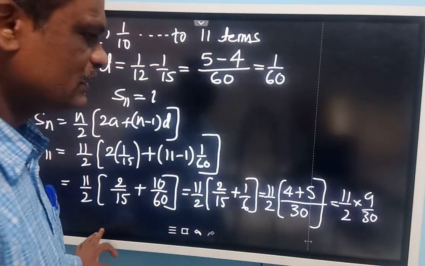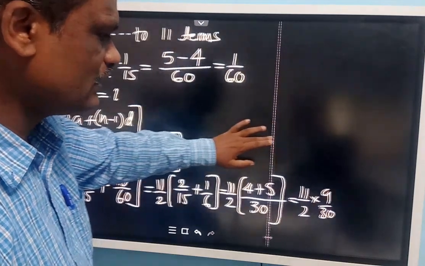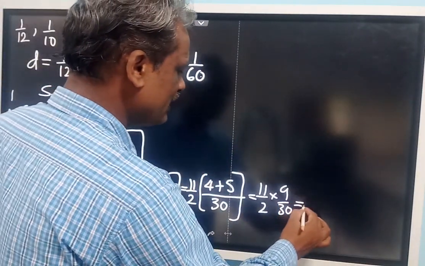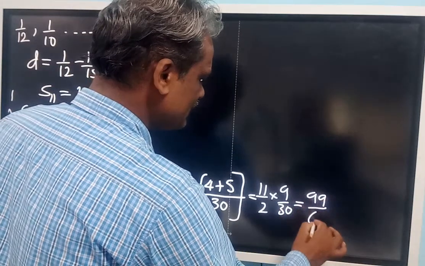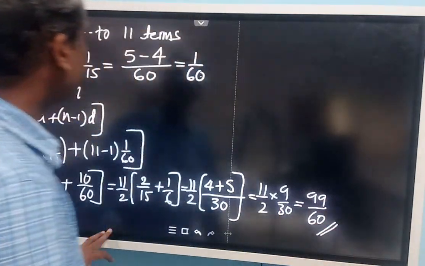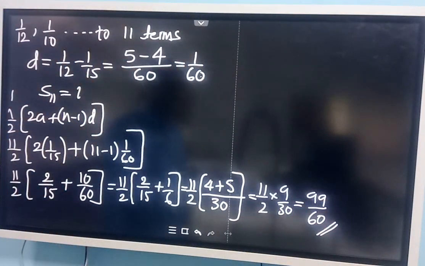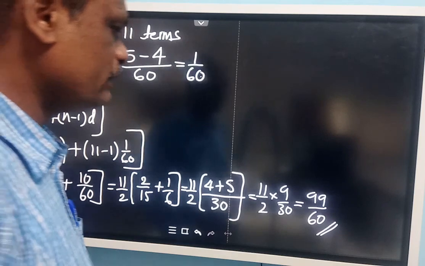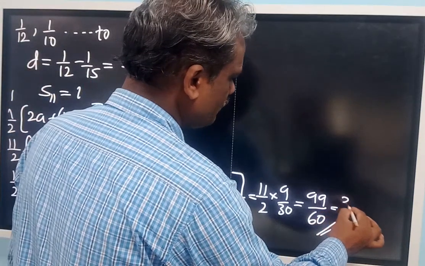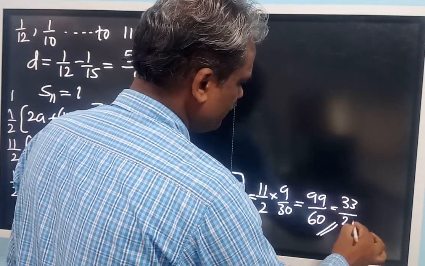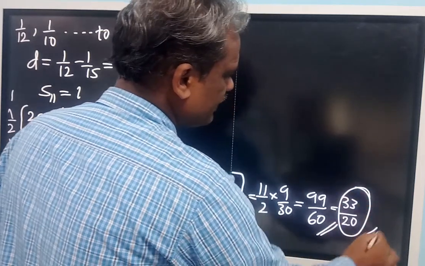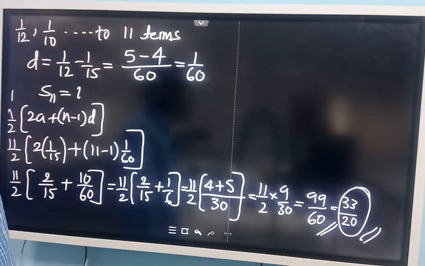No number is divisible by 2 or 30 here, so we can write as it is. 11 times 9 is 99 by 60, the sum of the first 11 terms. Further you can divide this by 3, so it becomes 33 by 20. This is the solution you can write, 33 by 20.